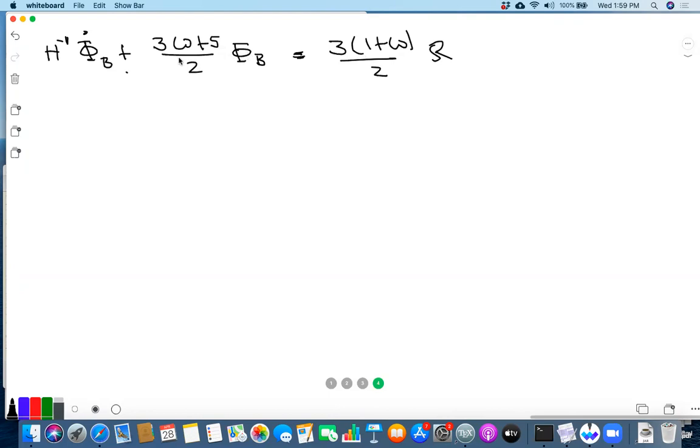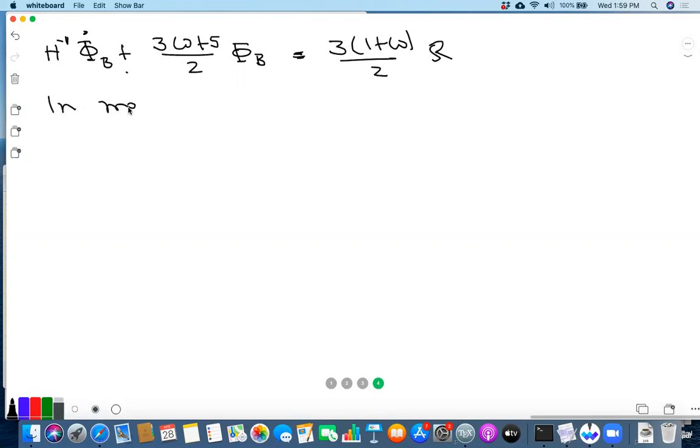You have to see it in terms of the solution of a differential equation. We expect that in any given era, as time progresses, phi b will approach this particular multiple of r.